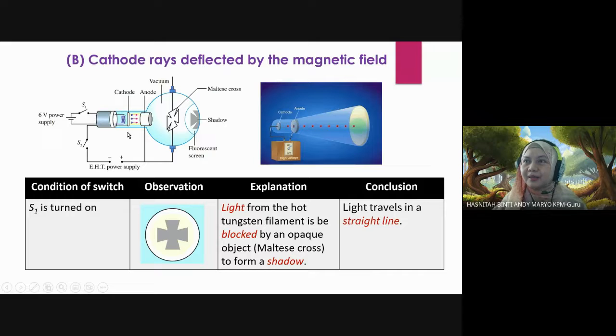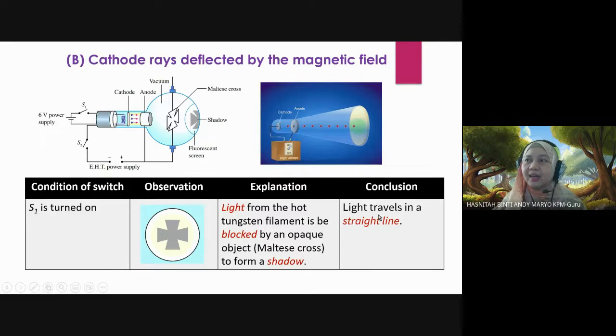But what happened? Since S2 is not on, they are not accelerating towards the anode. So they are only moving around this area, the cathode ray. That is why you only see a shadow formed from the light of the tungsten filament. There is no cathode ray reaching this screen.